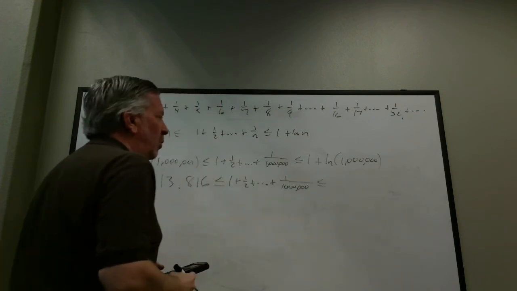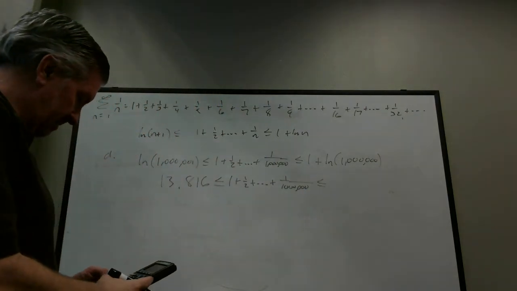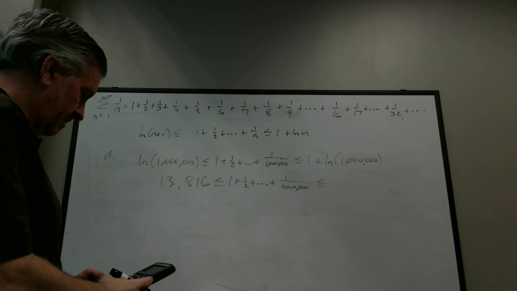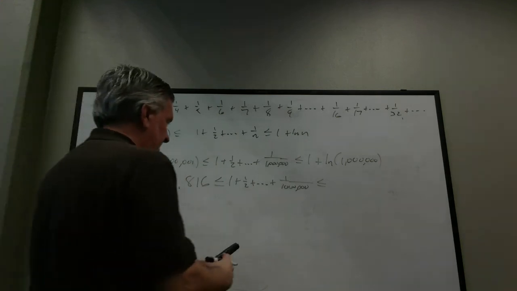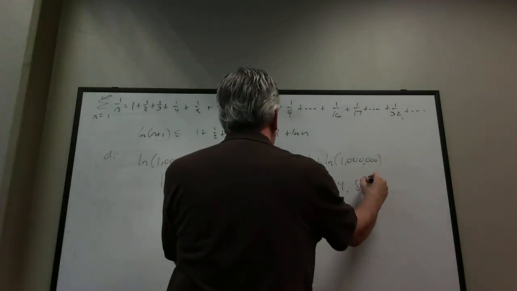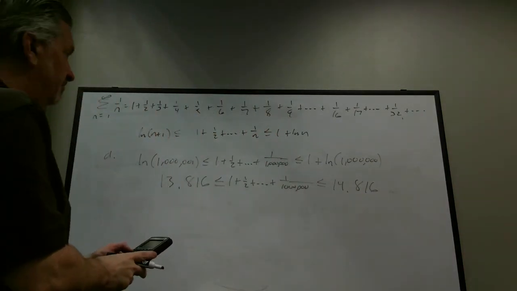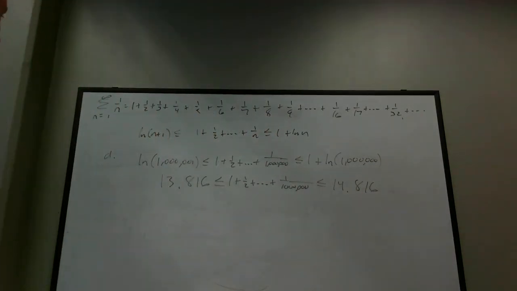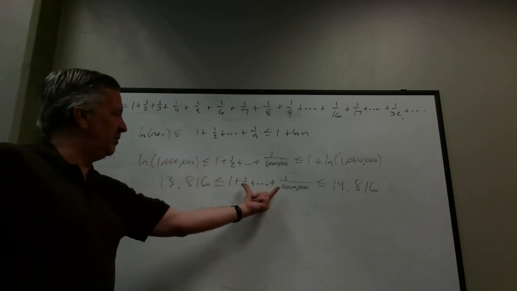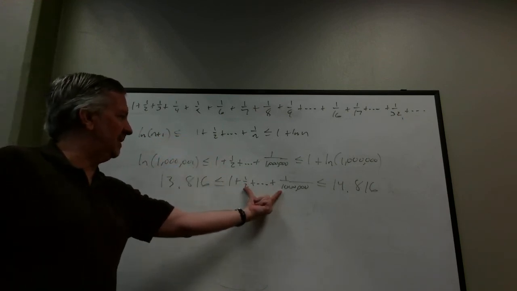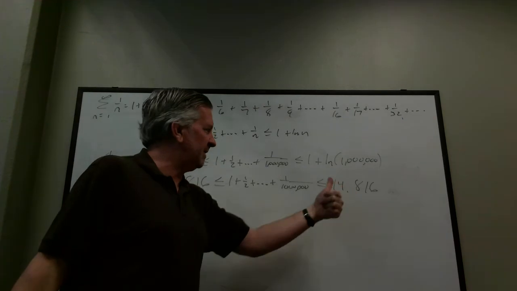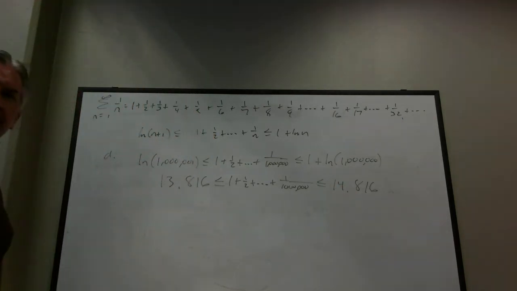So now, what's 1 plus natural log of 1,000,000? I'm getting about 14.816. Notice what this is saying. If you add up the first 1,000,000 terms of the harmonic series, you're somewhere between 13.8 and 14.8.